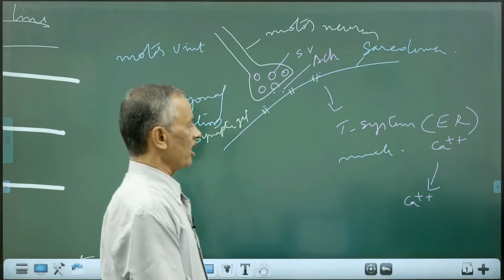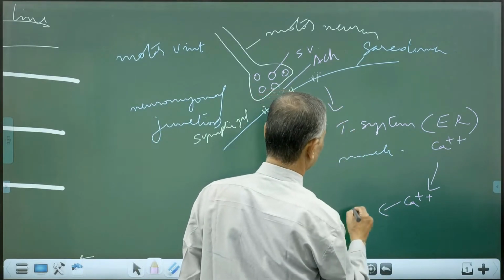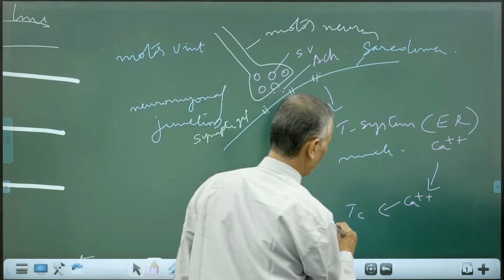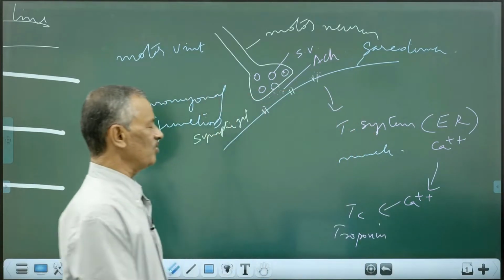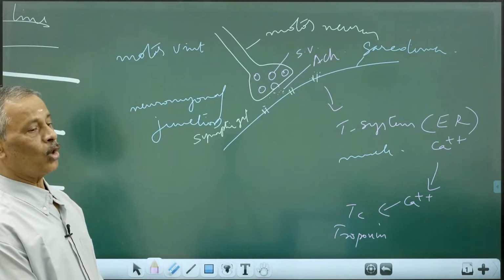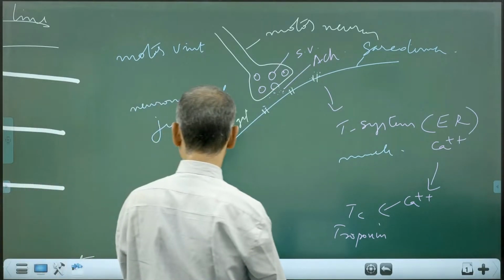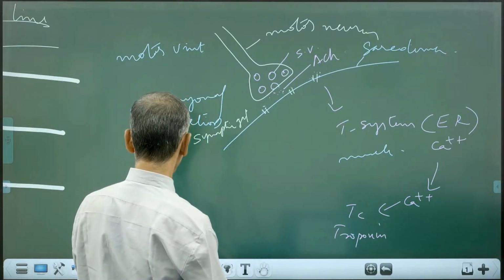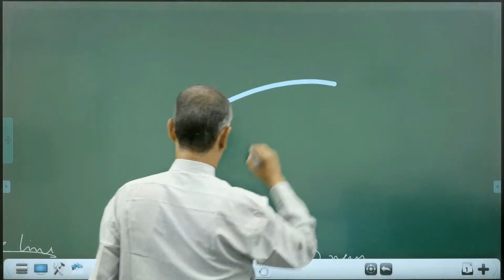At the same time, this calcium attaches to the TC subunit of the troponin. A TC subunit can be bound by a maximum of 4 calcium ions, one by one. As more and more calcium ions bind to it, the masking action is removed.